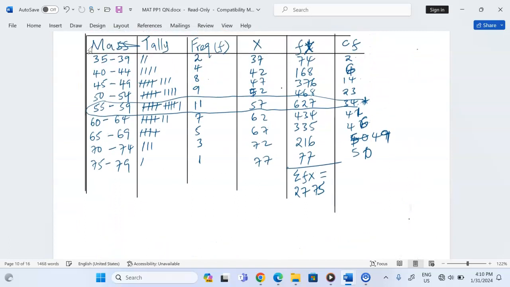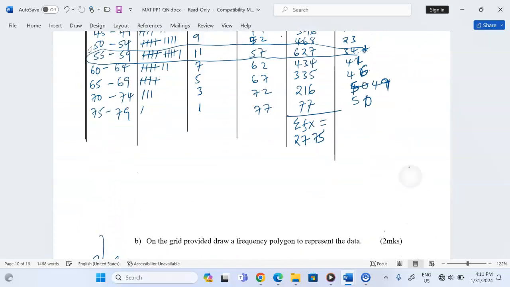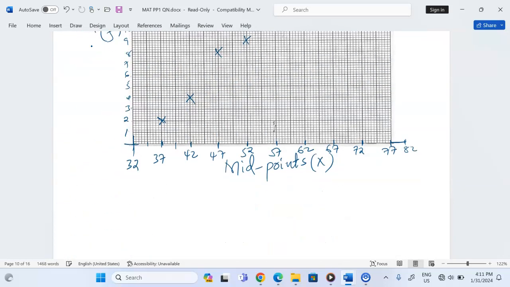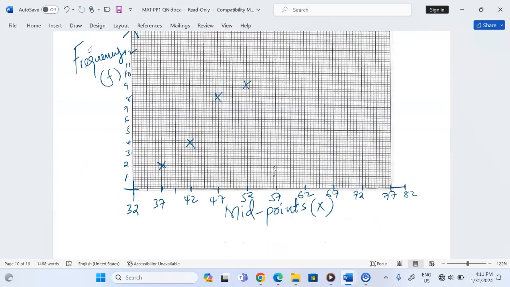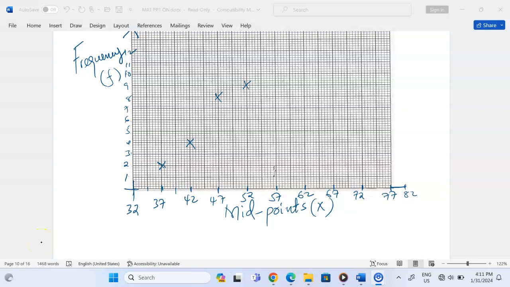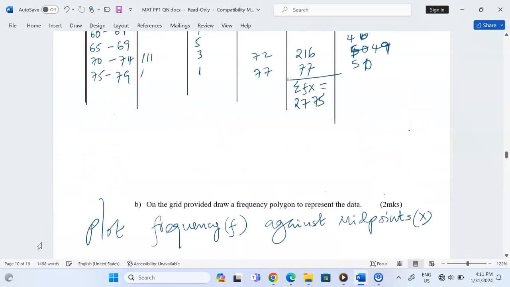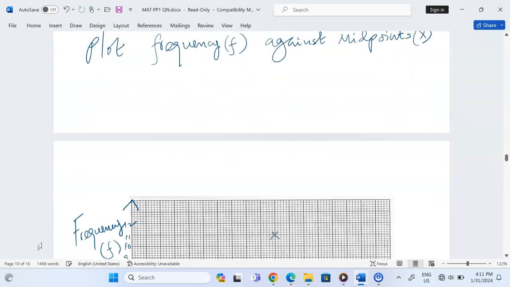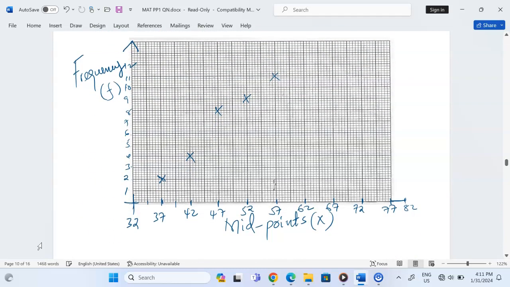We're going to have 57 against 11, which is here. We're also going to have 62 against 7, which is this point.